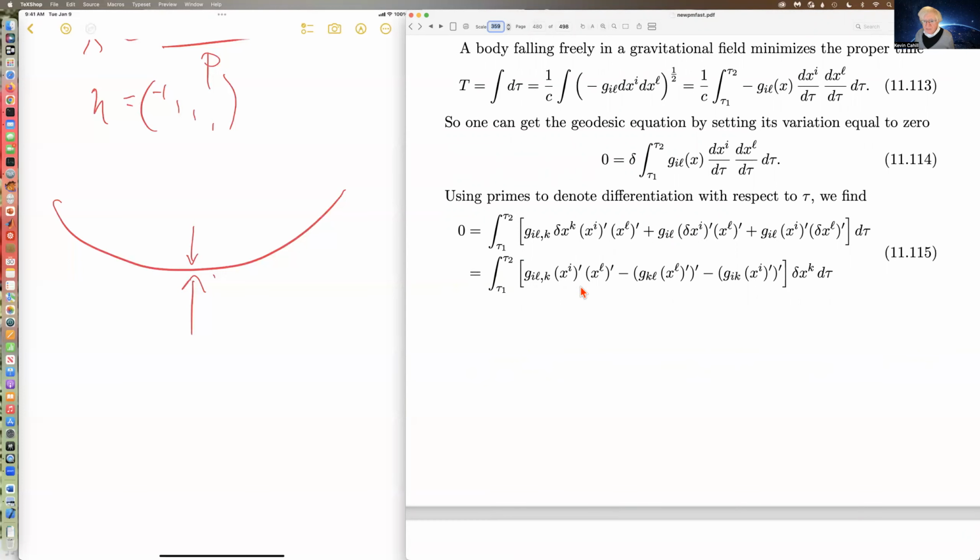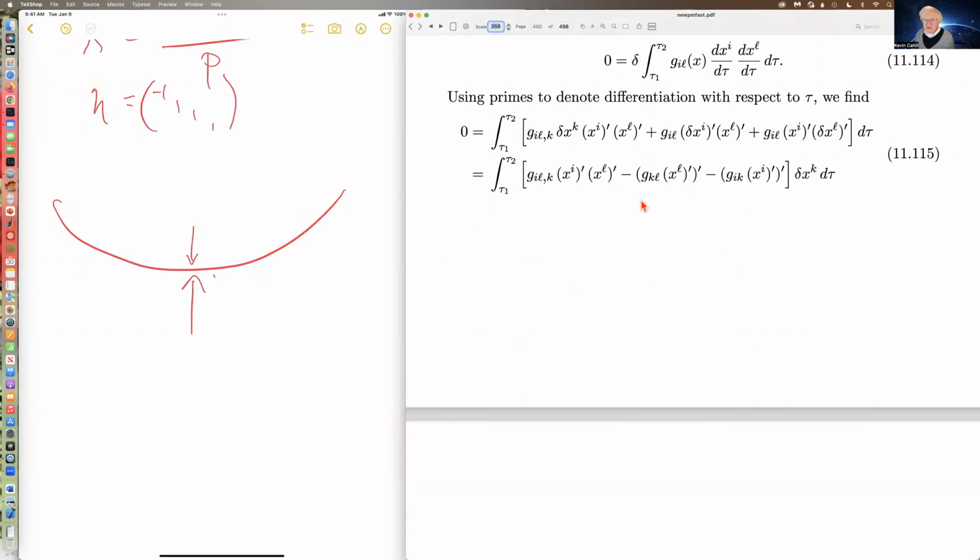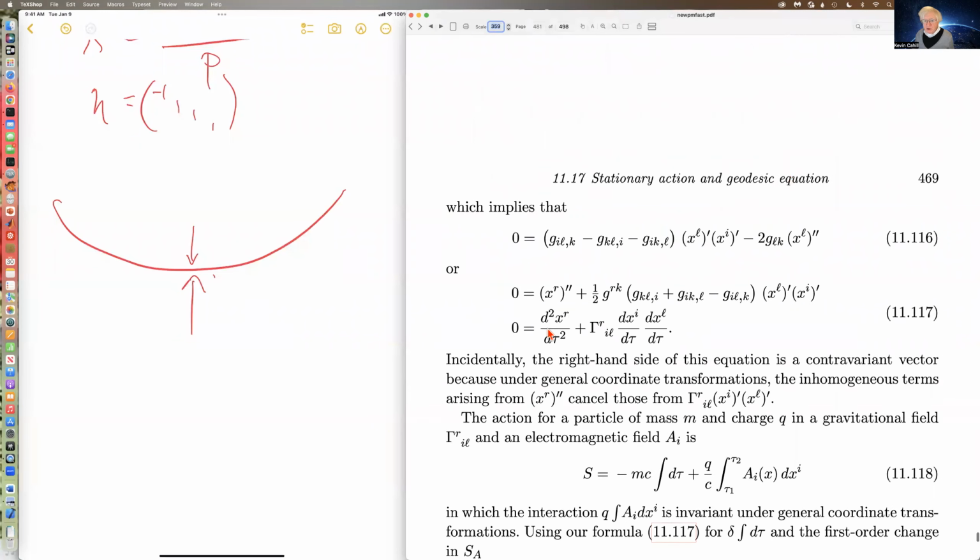Anyhow, going through this, one pulls out the variation of xk from these, and eventually one gets this, called the geodesic equation, which describes how a body falls in a gravitational field.